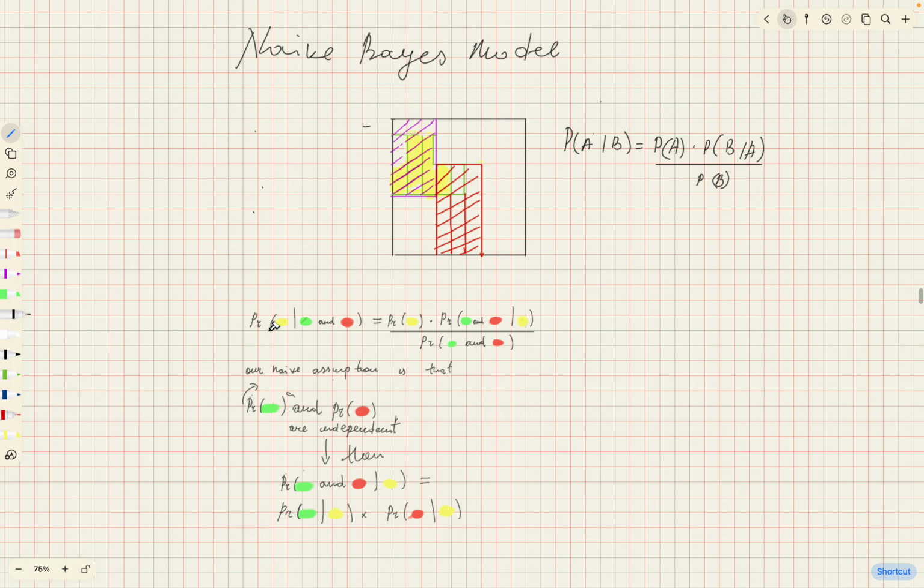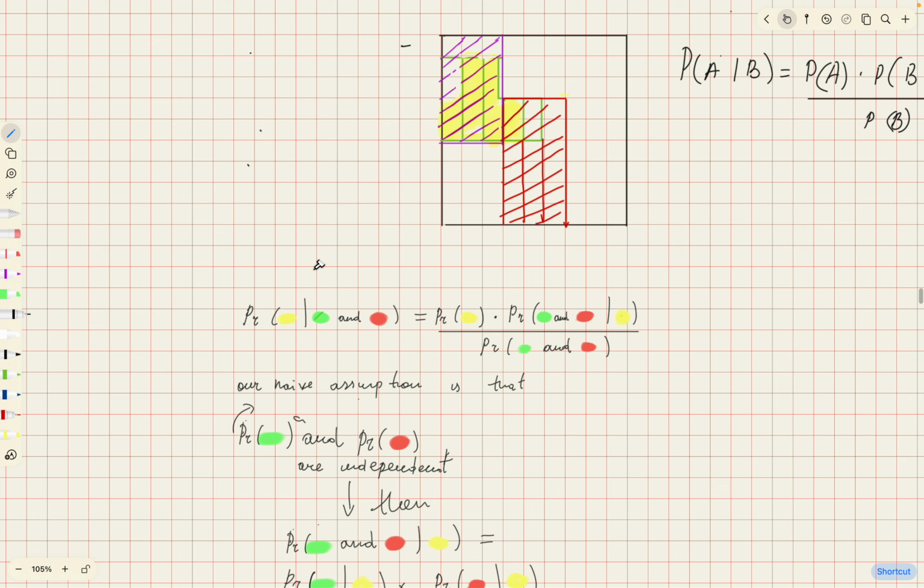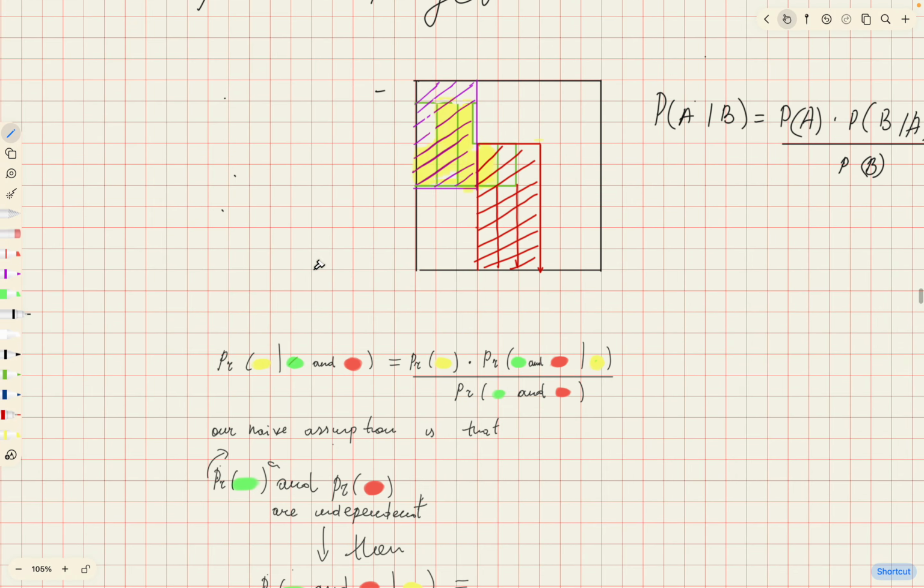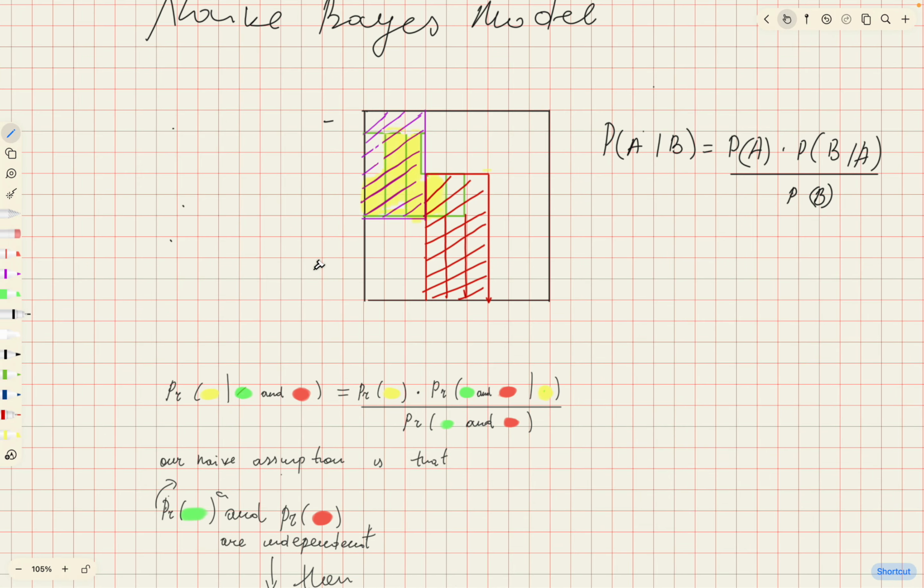So we are trying to find the probability of observing a yellow square, given that the square is green and red at the same time. We go back to our formula and apply it to this problem.